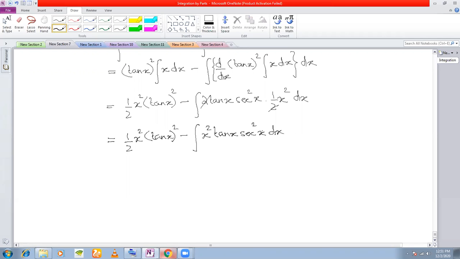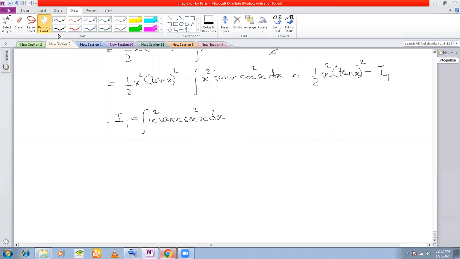Okay. So now what you do here is take this as I1, half of x square (tan x) whole square. Take this as I1. Okay. So therefore, what is I1? I1 is equal to integral x square tan x sec square x dx.